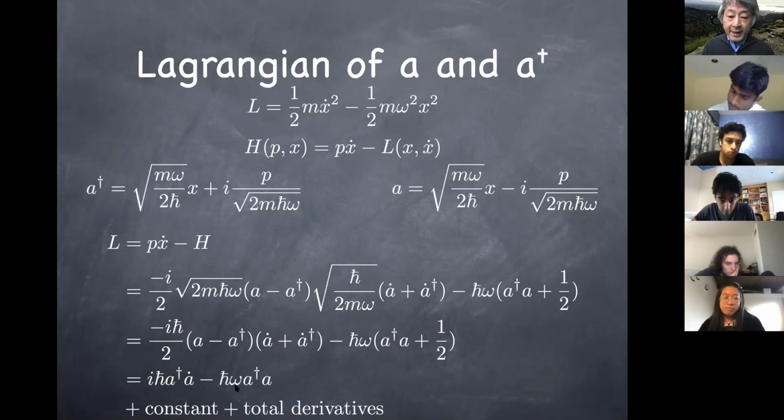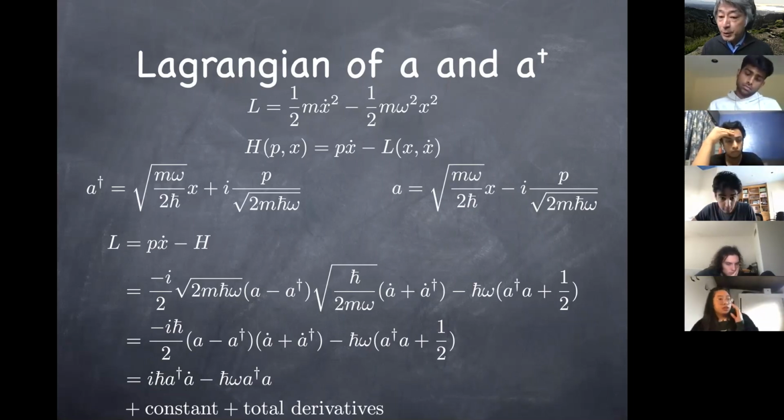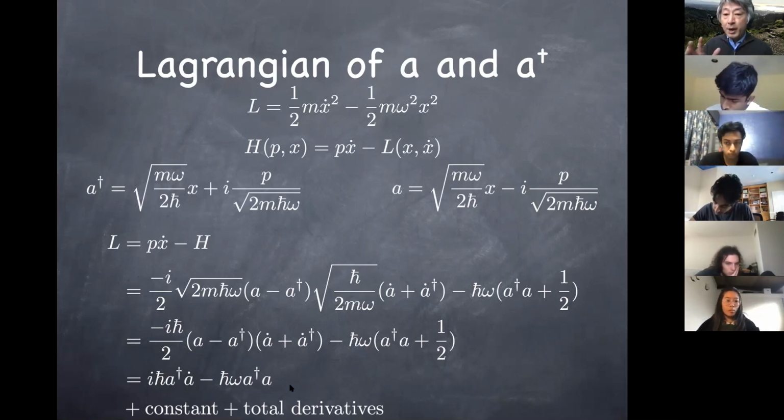The Hamiltonian is minus h bar omega A dagger A, and 1/2 is just a constant, and a constant is also a total derivative of t. So now I obtain the Lagrangian written in terms of annihilation and creation operators. You probably haven't seen this before, but this is how the Lagrangian can be written using annihilation and creation operators.